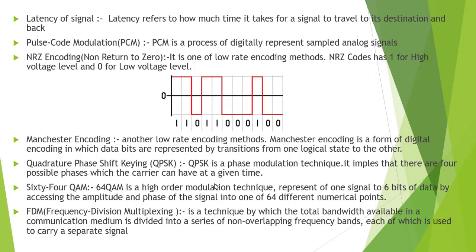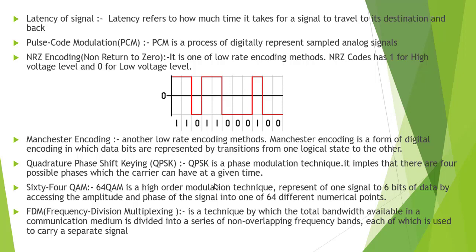First, NRZ encoding, non-return to zero. NRZ code has 1 for high voltage level and 0 for low voltage level. The main behavior of NRZ code is that the voltage level remains constant during the bit interval.